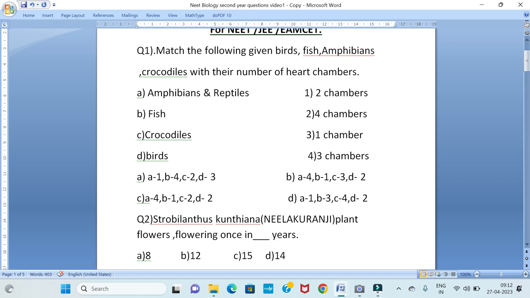Flowering once in dash years. Strobilanthus kunthiana, Neela Kuranji, and their name. Plant flowering once in how many years?